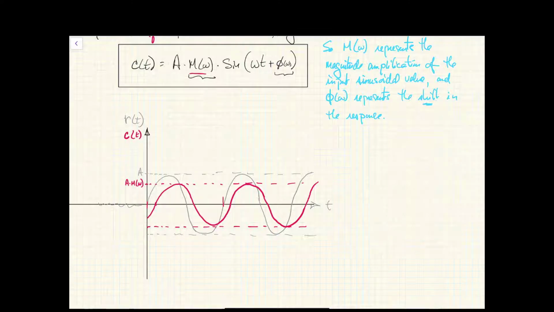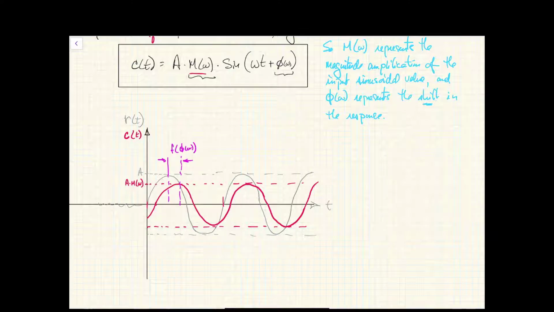So you see that there is a shift, and that would be the value of my phi of omega. This is not the value of phi, but it's a function of phi, right? Phi would be 2 pi over that. So phi is a function of omega, and the amplitude is a function of that.